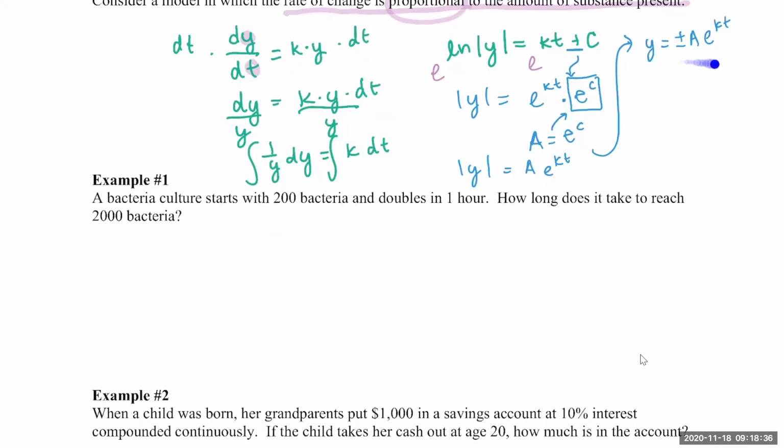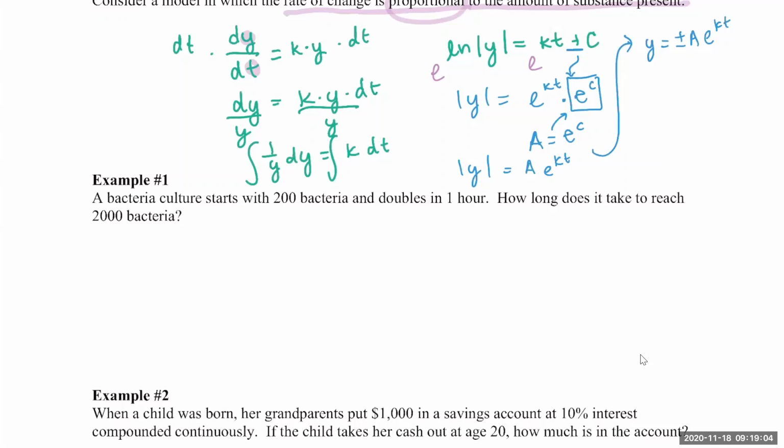So it's important that as we're doing these problems, we understand that for someone who defines K as having to be positive, representing growth, and someone defining K as negative, it really doesn't matter in the end, because if I ask both of you to write down what the model is, our models would look exactly the same with the specifications provided as initial conditions later on in these problems.